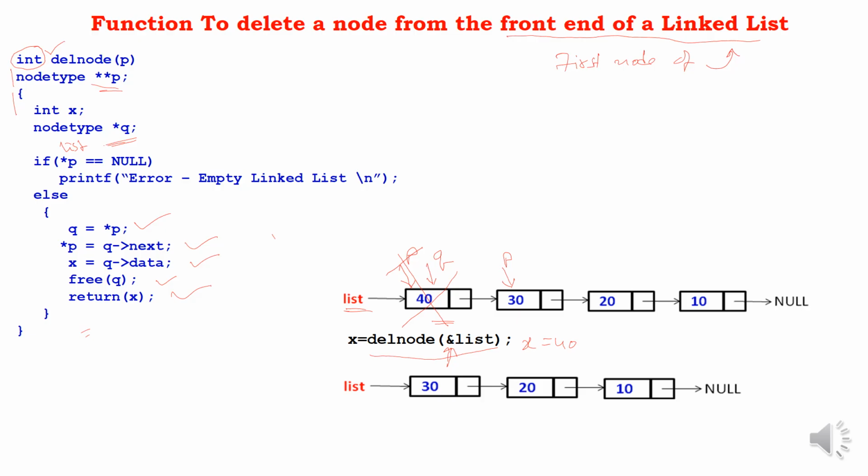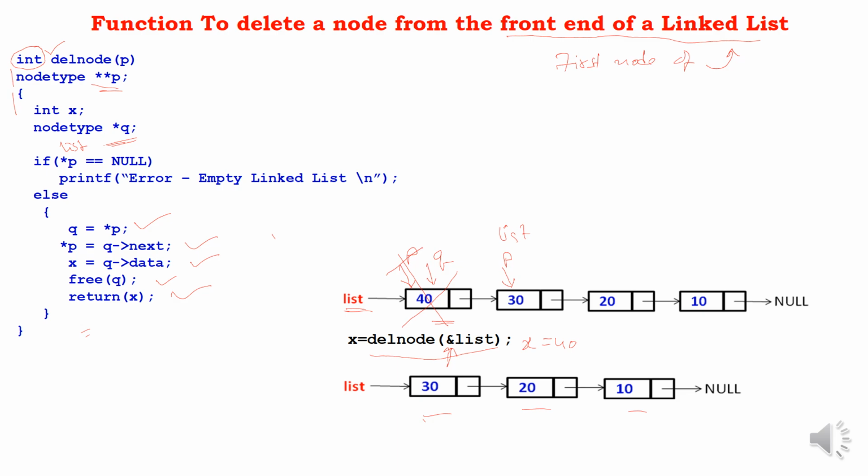So you can see initially before the delete function there are 4 nodes in the list, and after the delete function there will be 3 nodes. So see, p is pointing to 30, p is nothing but your list. So list is pointing to 30, it is pointing to 20, it is pointing to 10.